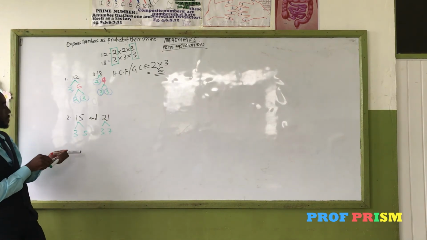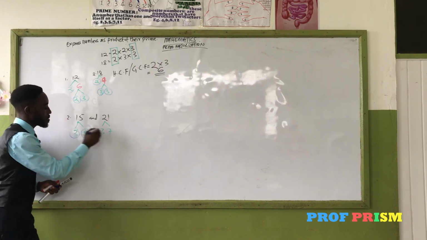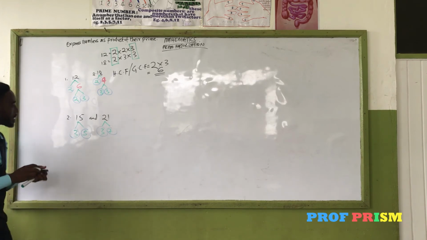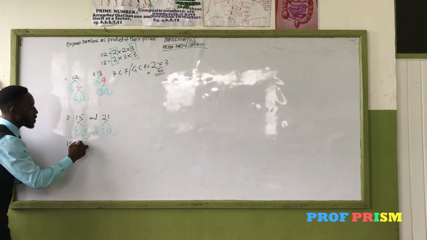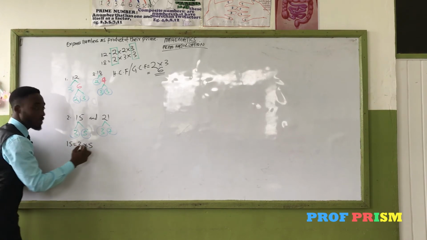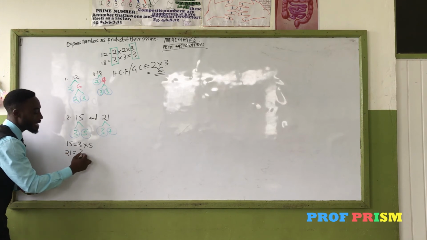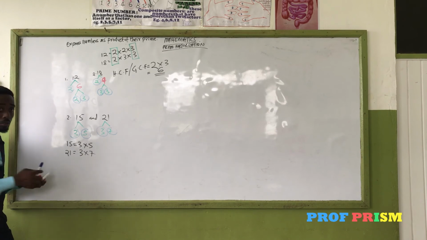So we could circle them like this. Then we'll come and write it this way. 15 is equal to 3 times 5. Have you checked it out? You got the same thing. 21 becomes 3 times 7. Alright, so what number do they have in common? 3.